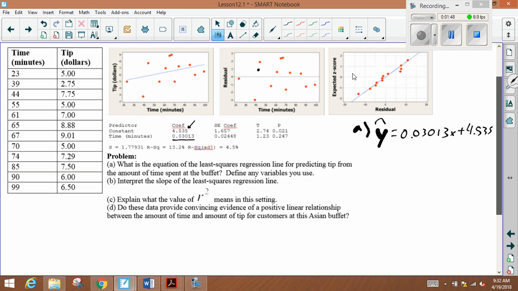That's our y-intercept. Define any variables that we use.